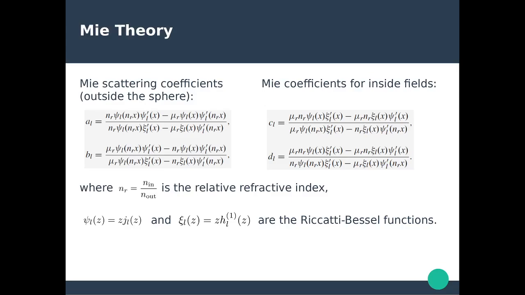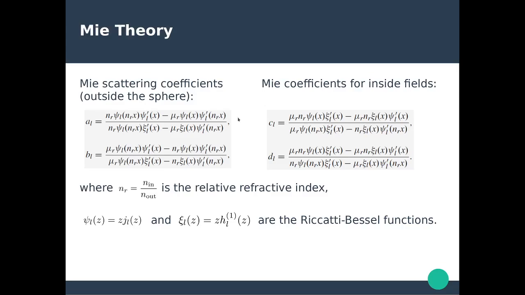So why do we show all of these? Well, simply speaking, the idea, once again, is to calculate those coefficients, A, B, and C, D. Once you have those coefficients, you can use them to calculate the solutions of the wave equation, U and V, that we had on the previous slide.